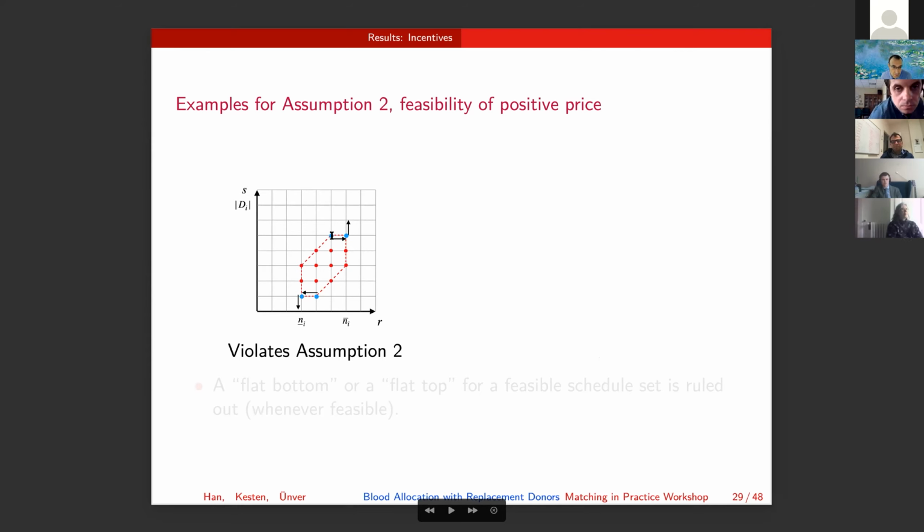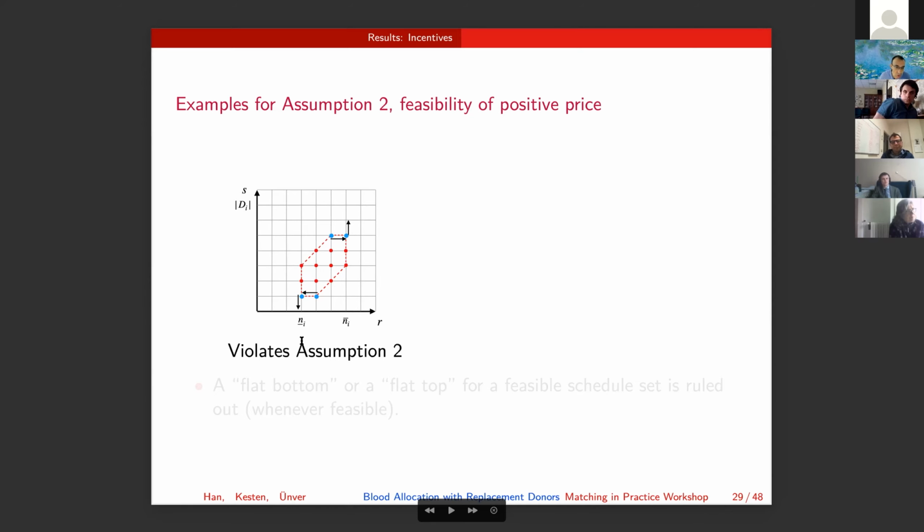It talks about 1, 2, 3, 4, 5 units of donation and 5 units of receiving. But there is also a feasibility of receiving 6 units, donating only 5. So this feasibility says that, well, then I should be able to charge an extra price for that. It doesn't say that I should charge, because that would mean immediately a one-for-one exchange rate. But as the mechanism designer, I should have the feasibility of charging this positive price. So there should be a tip here at the top. So this violates this assumption.